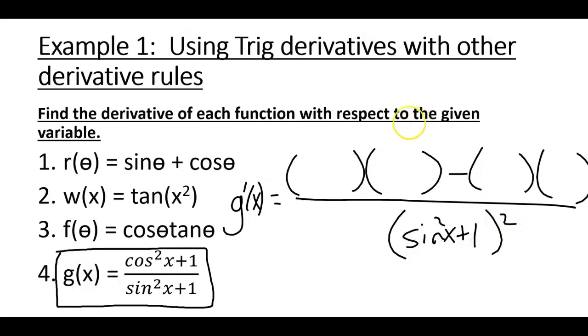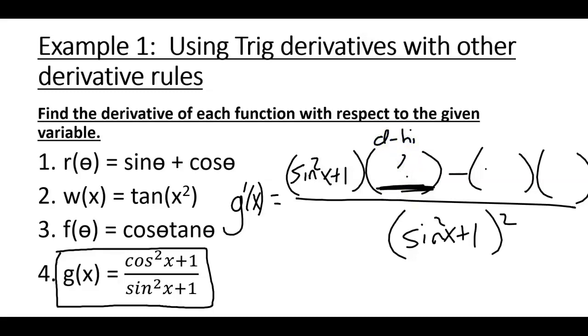The issue is the top here. So let's do low d high. I'm going to leave that for now. We'll come back to it. But that means we want to do the derivative of the top function there.